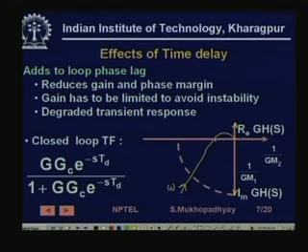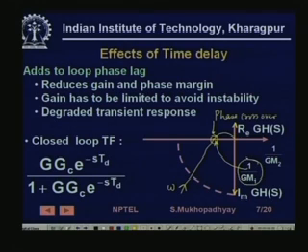So this is generally what is called the phase crossover frequency. If the gain here is GM, then the gain margin is 1 by GM.